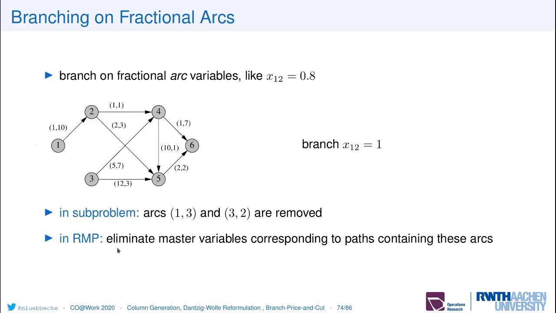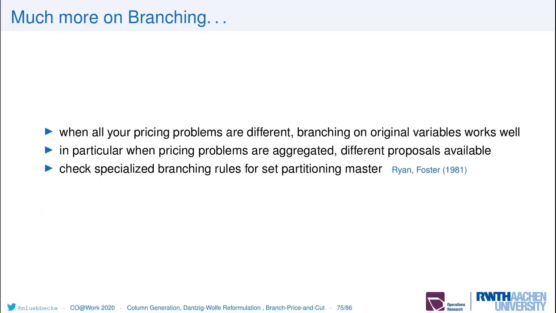And we would have to eliminate all the paths which use either one of these two arcs from the master problem, so that they are not used in the LP relaxation there. So this is how branching on the original variables could look like, and when I use a combinatorial algorithm, I can sometimes respect that decision in the pricing problem.